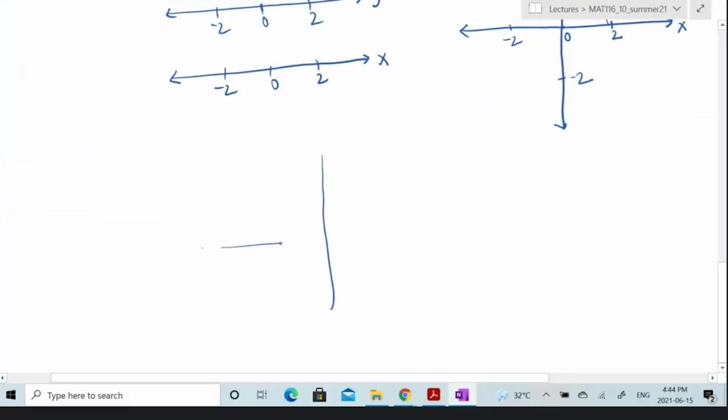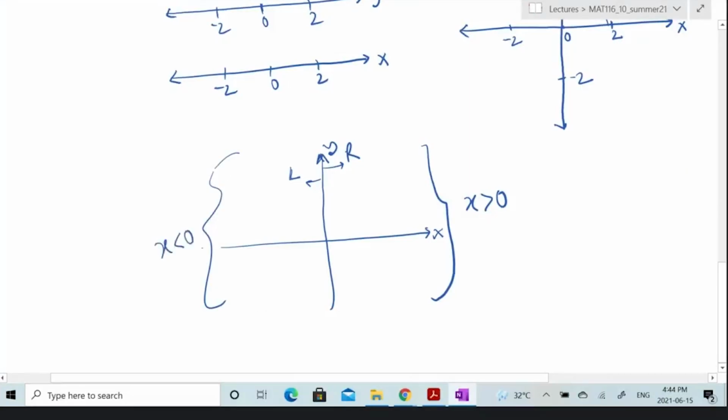When we draw the coordinate system, if we consider this as x and this is y, any points on the right hand side of the y-axis, there x is always greater than 0 or positive, and points on the left hand side of the y-axis, x is always less than 0. That's why when we allocate real numbers here, we say x positive on the right hand side and x negative on the left hand side.